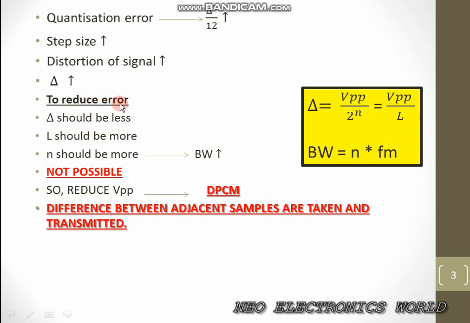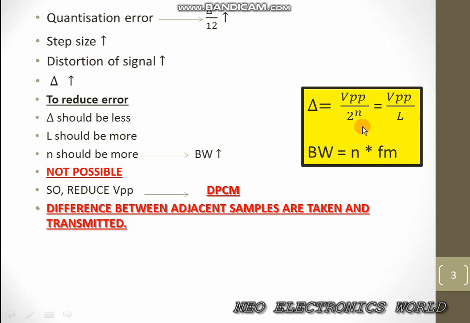So, in order to reduce error, as delta is directly proportional to VPP and inversely proportional to n as well as L, we have to reduce delta, either by reducing the VPP, or by increasing the number of bits or number of levels.